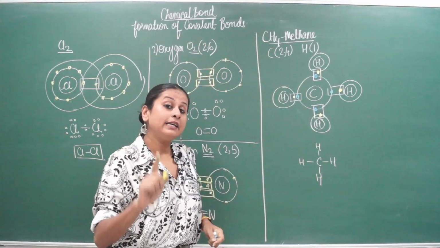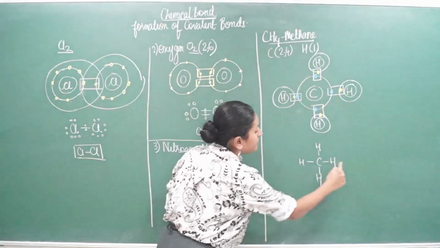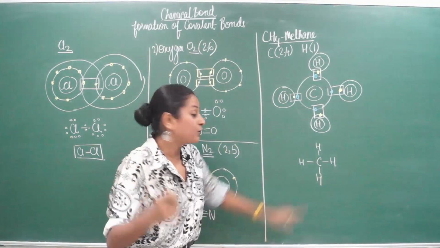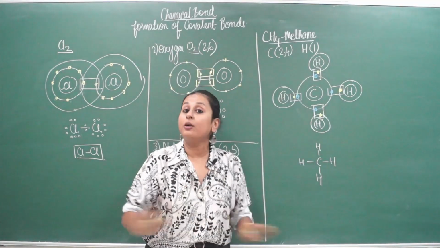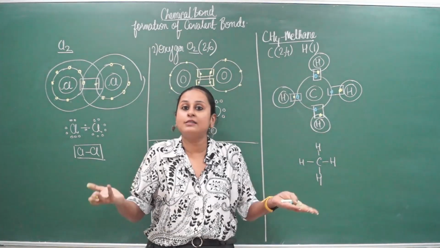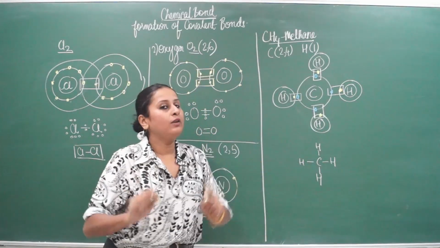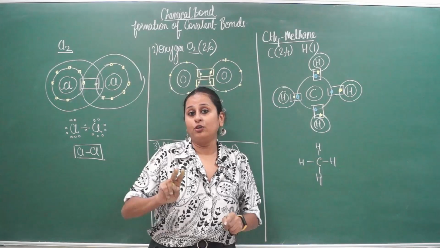So covalency can only be determined between carbon and hydrogen, which is 1. This carbon and this hydrogen, which is also 1. This carbon and this hydrogen, which is also 1. And this carbon and this hydrogen is also 1. So the covalency cannot be determined for the whole compound. You can't say the covalency is 4. That's not correct. Covalency can only be determined between 2 separate atoms.